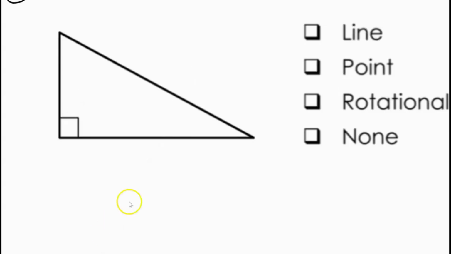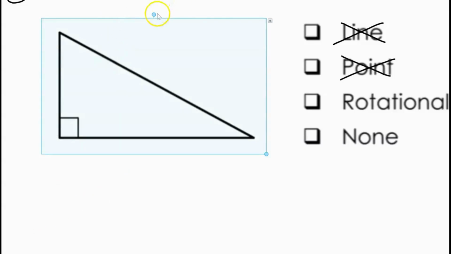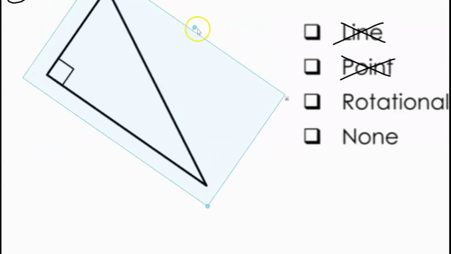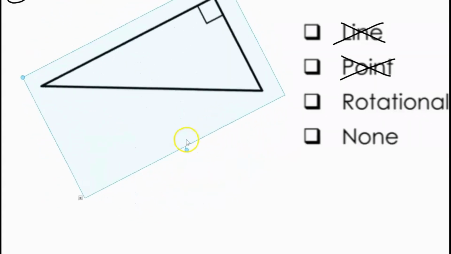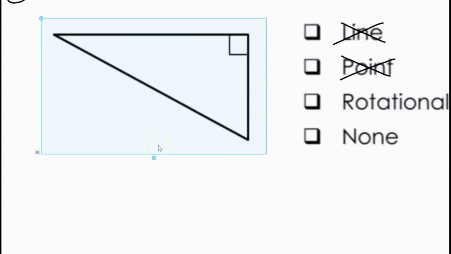All right, let's check for line symmetry. If I draw a line through it, there's no way I can draw a line and it perfectly folds onto itself here. So line symmetry is out. Point symmetry. All right, if I turn it upside down, it looks like a different shape.